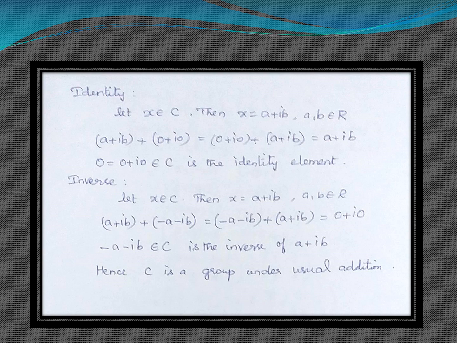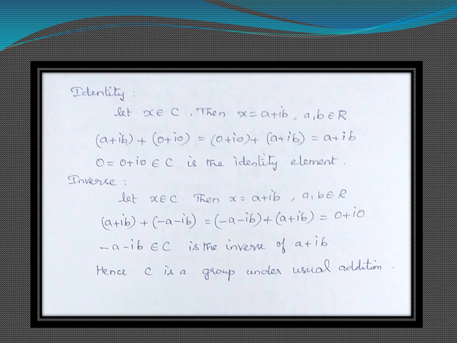Third condition, identity. We are going to find an identity element e which satisfies the condition a star e equal to e star a equal to a. Let me start with an element x.